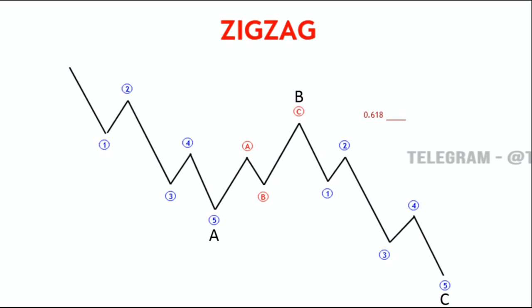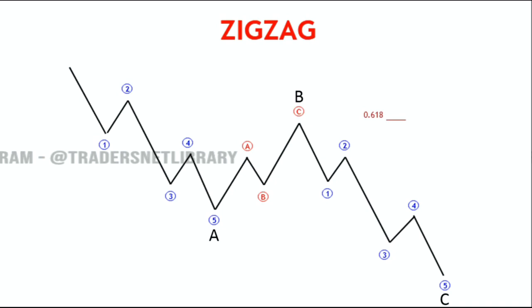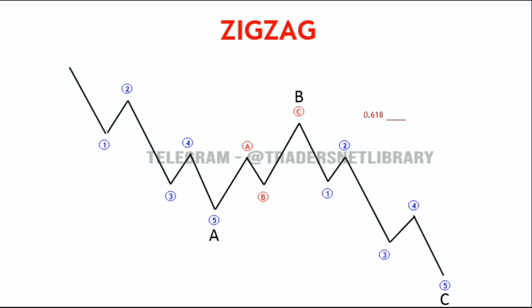If wave B is of the triangle correction wave type, it has a structure of 3-3-3-3-3, and in this case, wave B has a structure of 5 waves. The important point here is that wave B cannot be in the form of running flats.